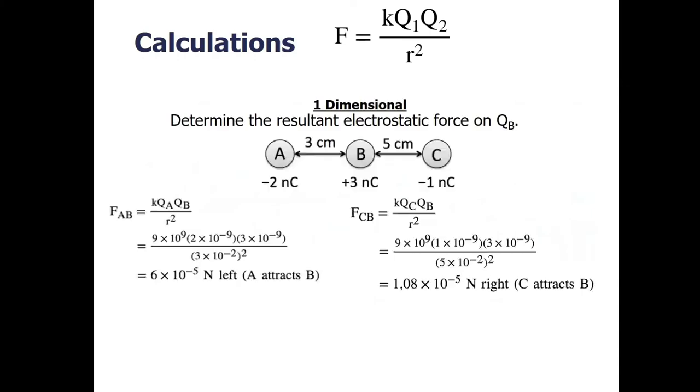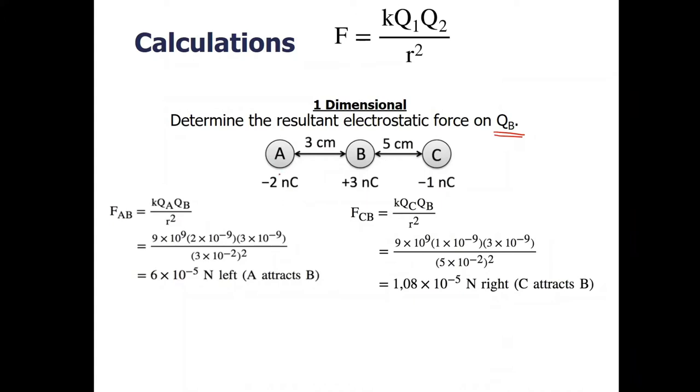So this is one where we have to find the resultant force on QB. Now, there's three charges here. There's a resultant force on each charge. Each charge is experiencing a force from the other two charges.